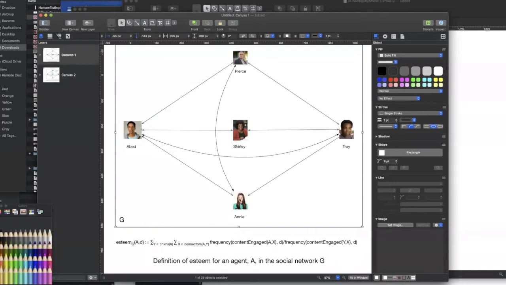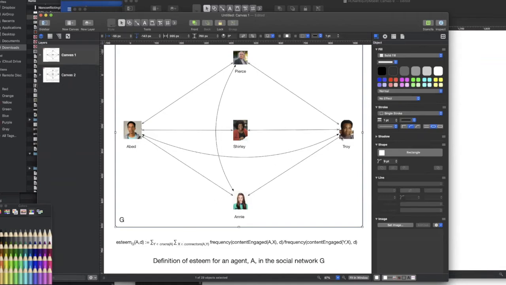And what we want to measure is how frequently Annie engages content from Abed versus how frequently Annie engages content from Pierce. And then we want to do that for all of the different connectors, right? So we're going to sum over all of the different connectors.